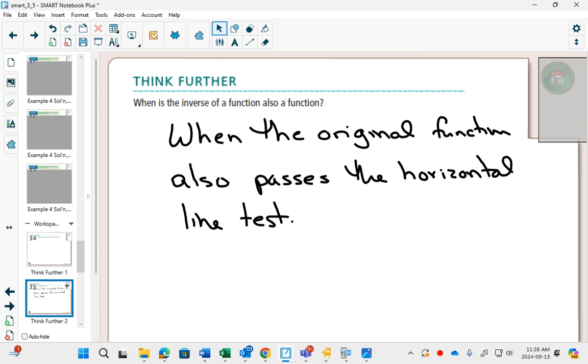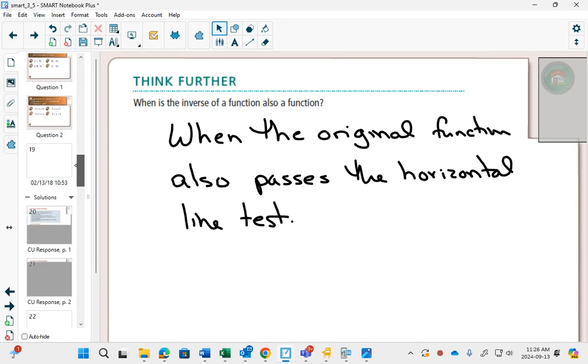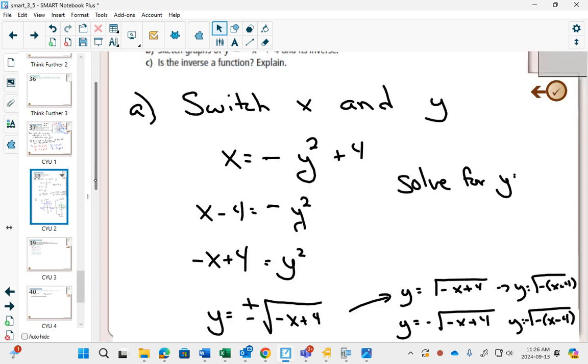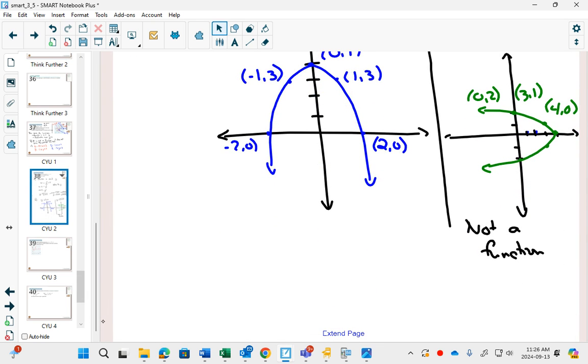So when your original function passes a horizontal line test, you would know that your inverse will also be a function. So if we think back to the parabola that we just did, there it is. Can you see if you drew a horizontal line on the blue one, you would hit 2 points? That means on your inverse, it will not be a function.